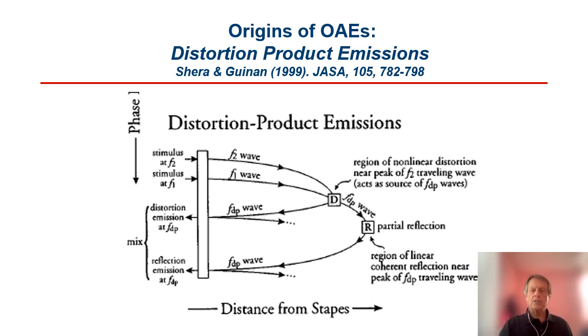Now why am I spending some time talking about this? Well, based on this explanation for the two types of OAEs, we probably should be recording transient OAEs and distortion product OAEs more often. Now, in many cases, one OAE type or the other is adequate.